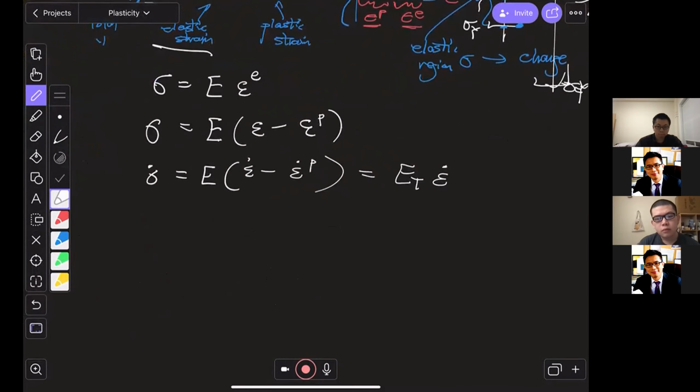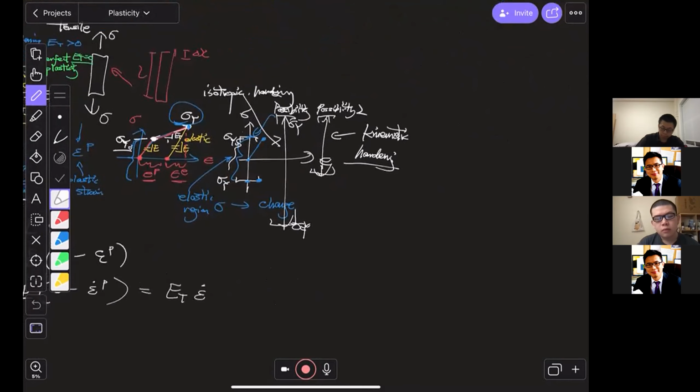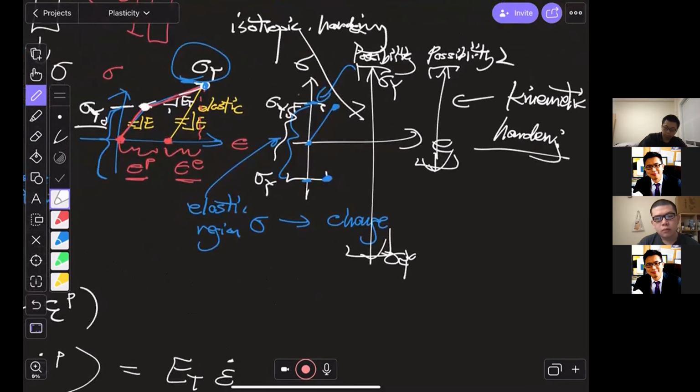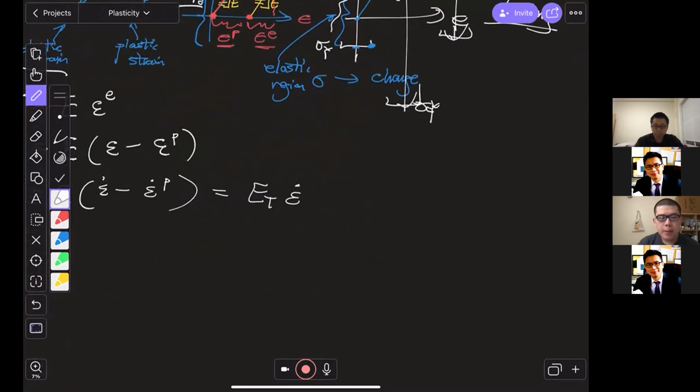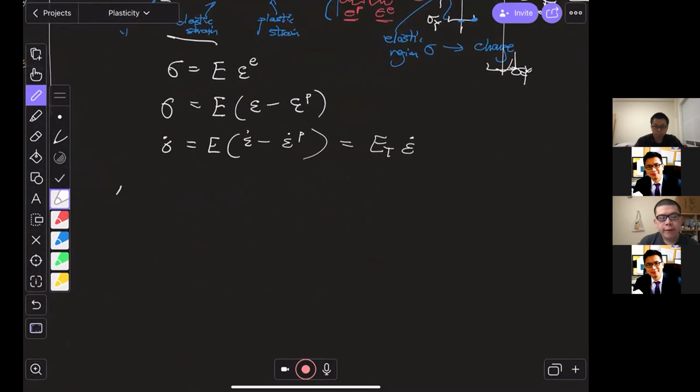If I just pay attention to how this yield stress is changing, then I would have another set of equations. I would look at the strain, and then look at how this initial yielding changes as I accumulate more strain.